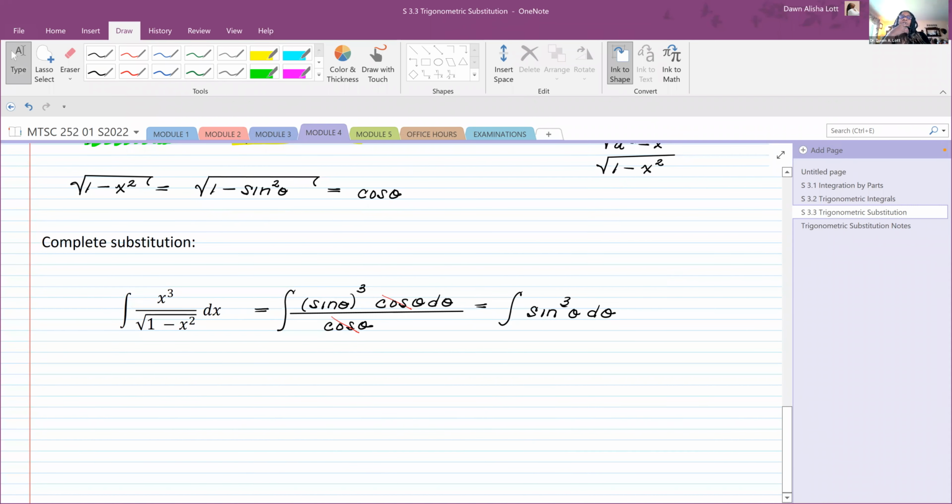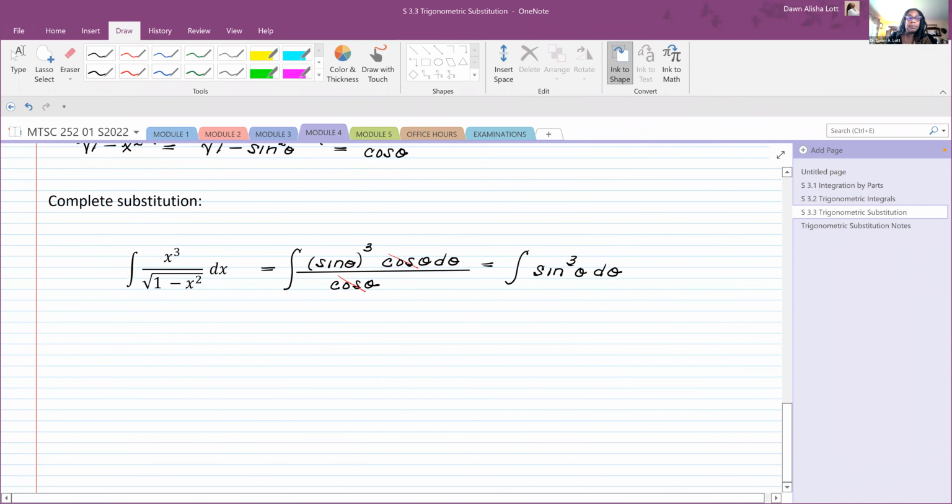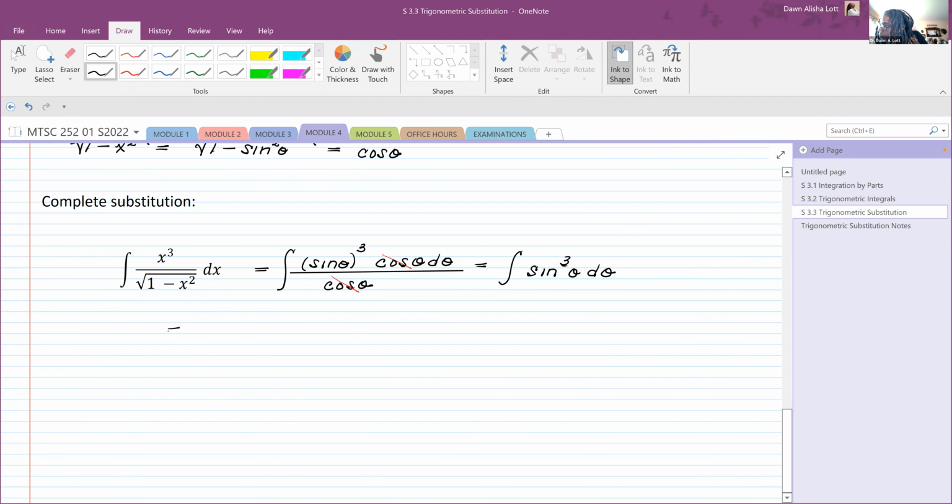Okay, so now I'm here. So my question to you is, how do we integrate sine cubed? All right, so let's go back to the previous section. We're integrating when one of sine or cosine is odd. The power is odd. So how do we integrate this? Would it be sine 2 theta times sine theta?